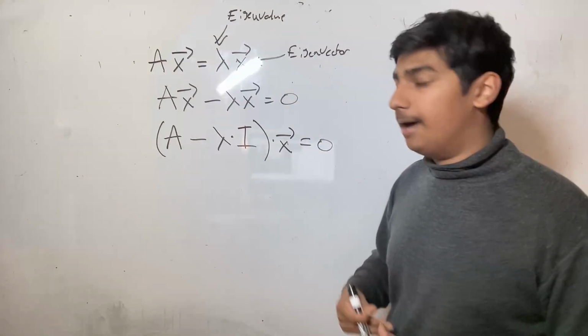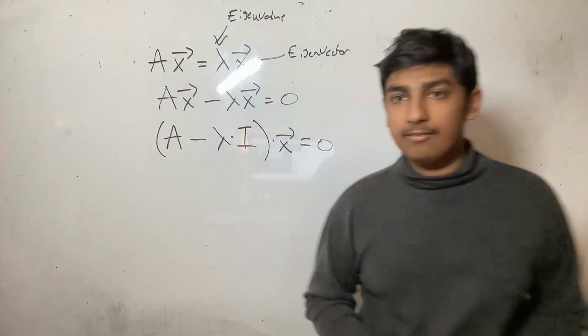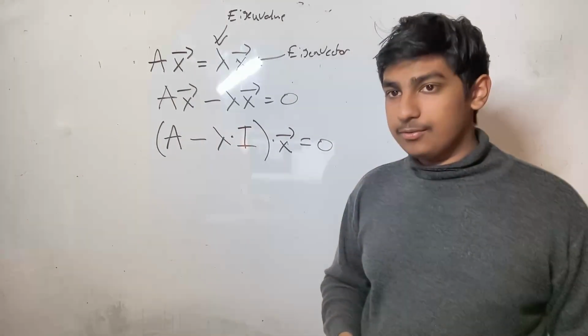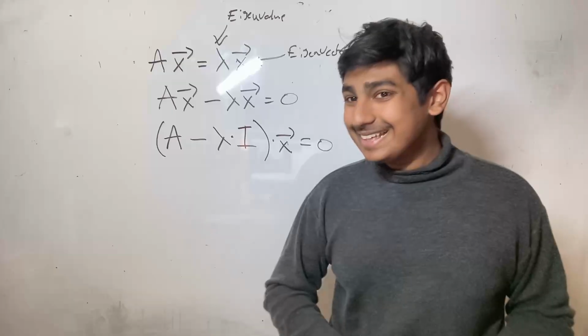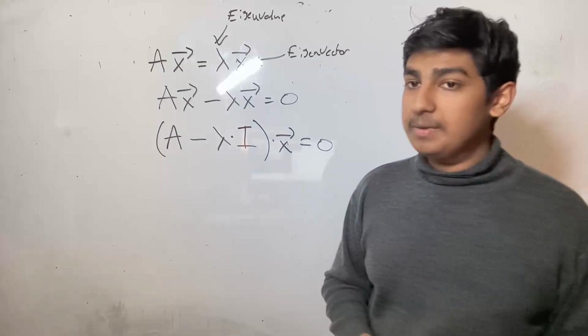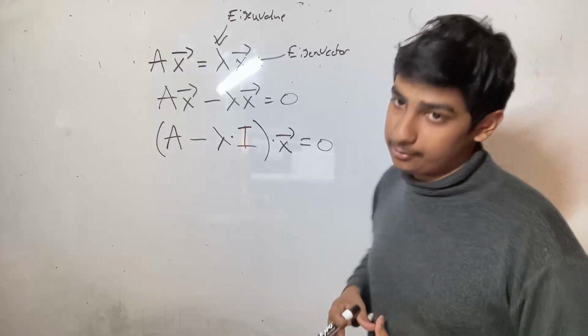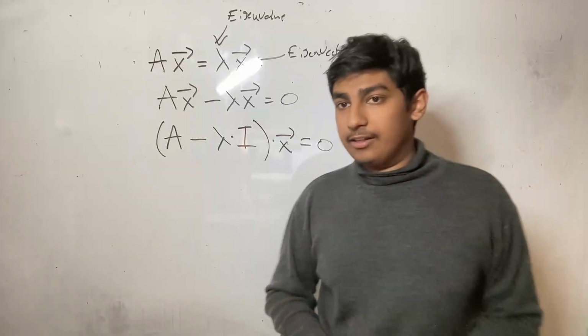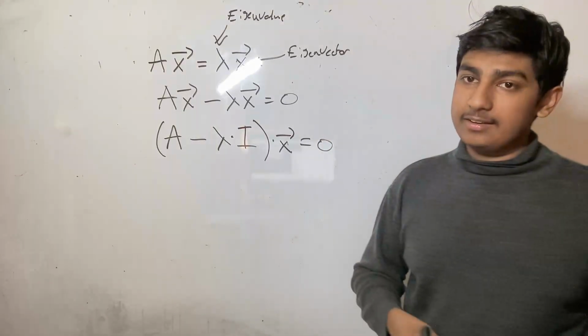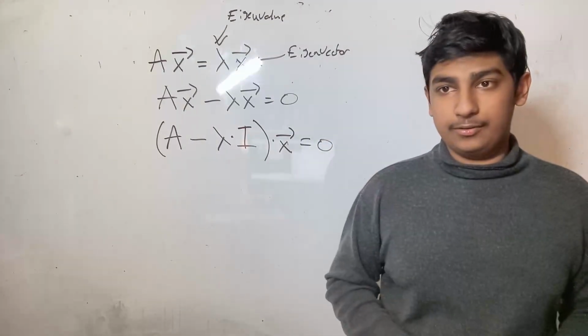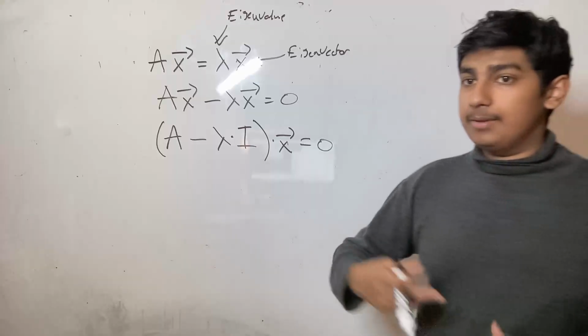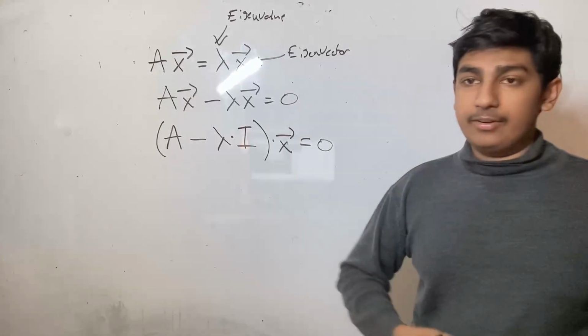This matrix cannot be invertible, and if a matrix is not invertible, then the columns of the matrix are linearly dependent columns, so meaning the columns are scalar multiples of each other. And if the columns are scalar multiples of each other, that means that the determinant of the matrix must be 0. This is, again, the invertible matrix theorem, okay?